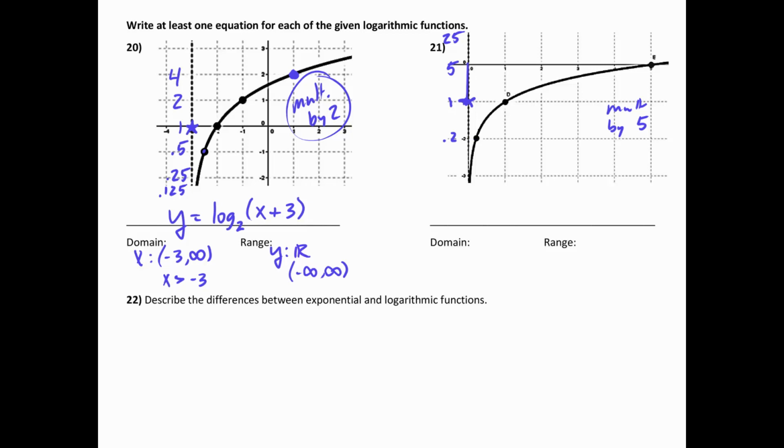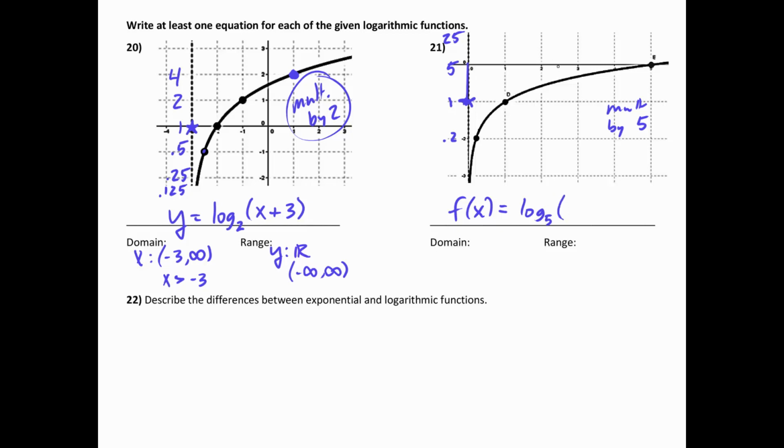It's a small distance. So when I write it, y equals, or you could even use a fancy notation, f of x equals, nothing in front. We aren't flipping them or anything like that, but I do need the word log. Since I'm multiplying by 5, that means I need to have a log base 5.